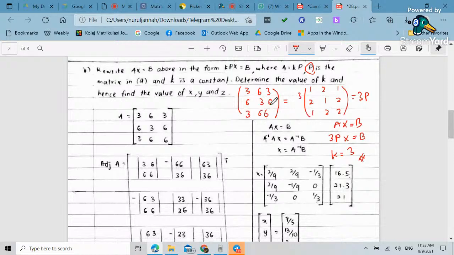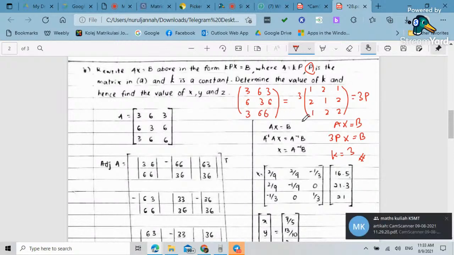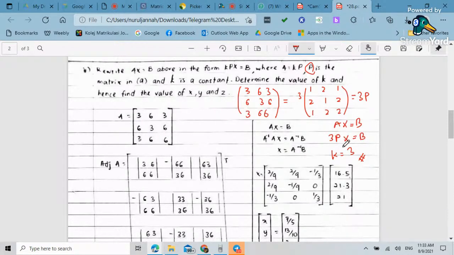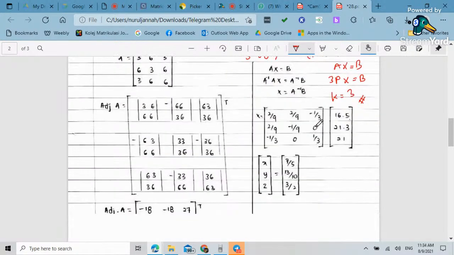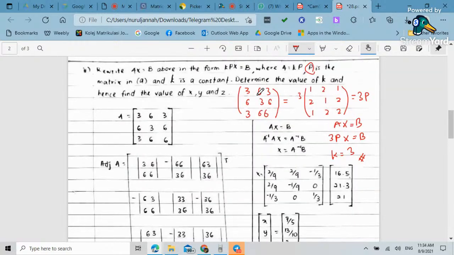Okay, so the other groups, are you using this working that I showed, or not? You didn't find the K? Some found it. So the others, take note, this one is very important.